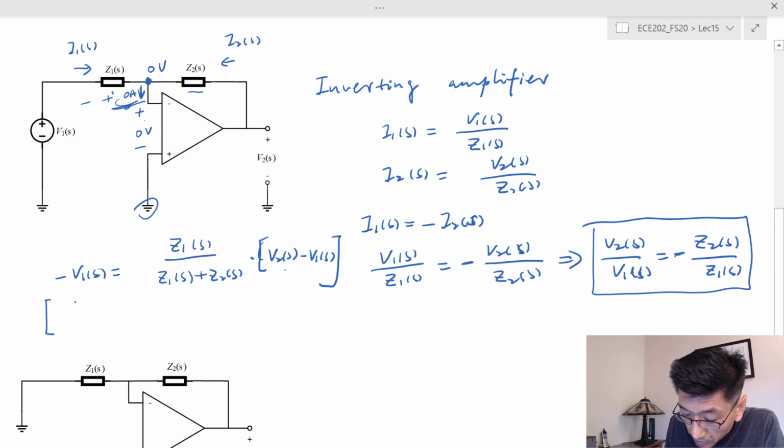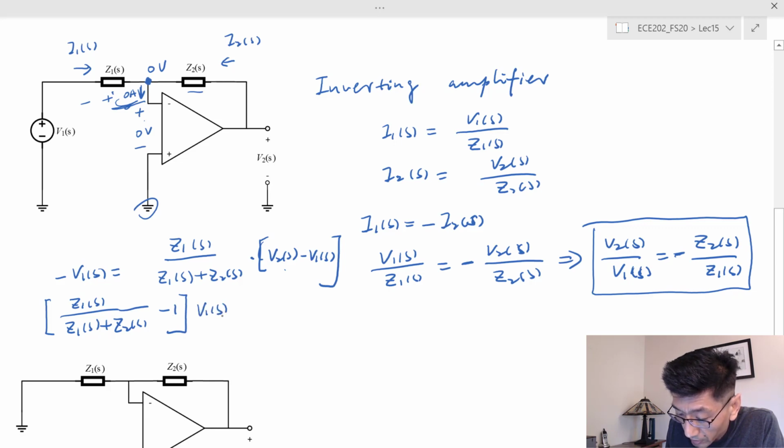Z1s over Z1s plus Z sub 2s minus 1, right, times V sub 1s. So I basically multiply this times this and move it to the left side. So therefore this negative sign is gone, and I got Z1s over Z1s plus Z2s times V2s, right?